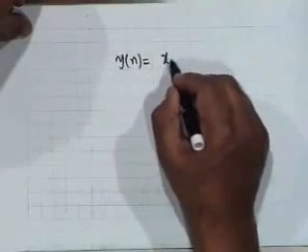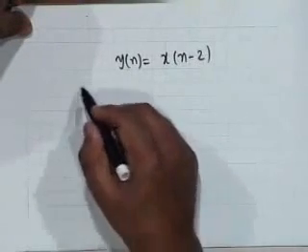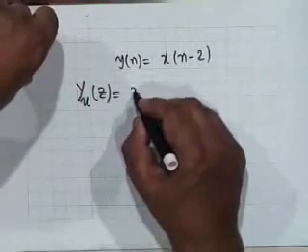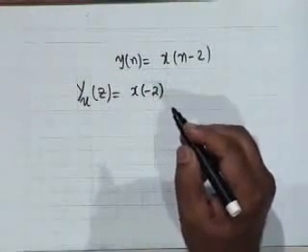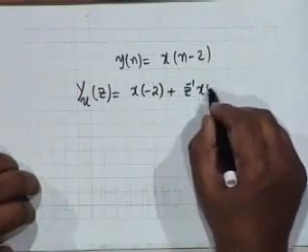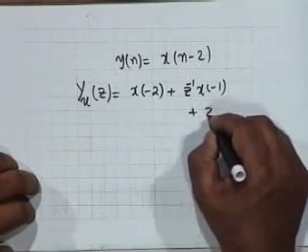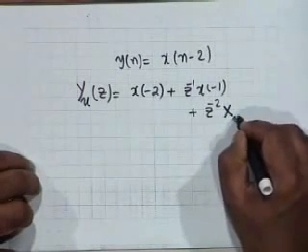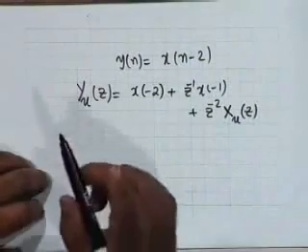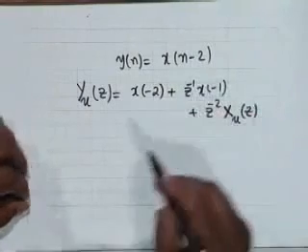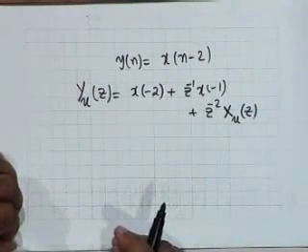As another example, suppose the signal is x of n minus 2, then you can show that Y u of z is equal to x of minus 2 by the same procedure, simple algebra, plus z inverse x of minus 1 plus z to the minus 2 capital X u of z. On the other hand, if it was bilateral, then these two terms would have been absent. And this is what is useful in solving difference equations.